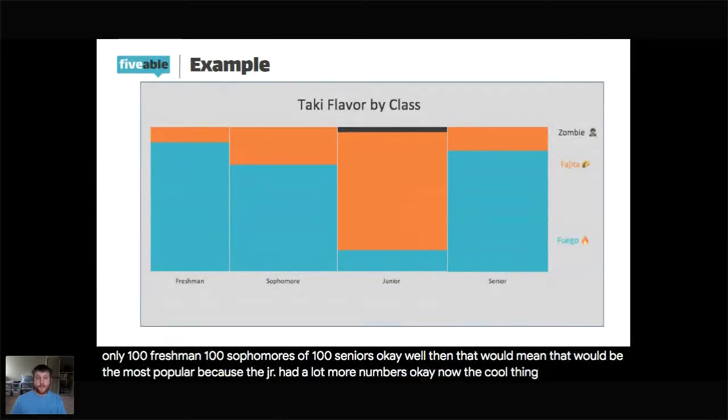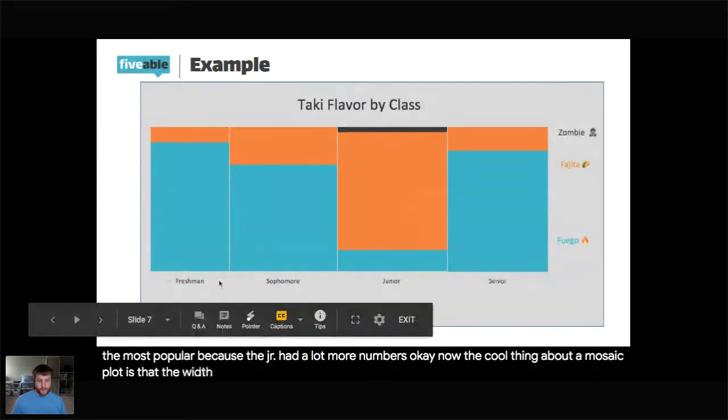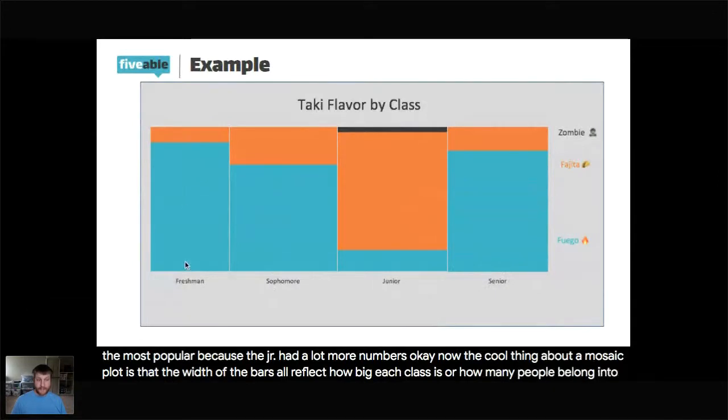Now, the cool thing about a mosaic plot is that the width of the bars reflects how big each class is, or how many people belonged in that category.